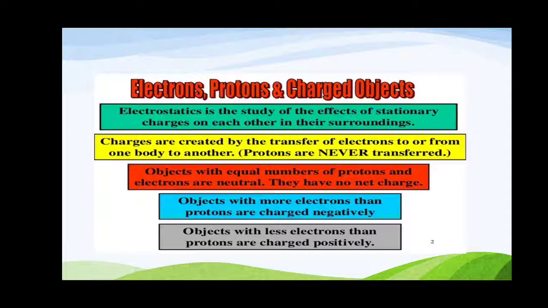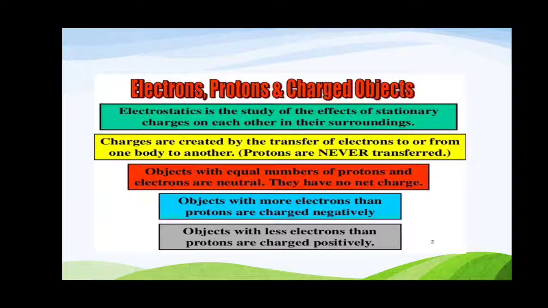These charged particles behave in a different manner. They start attracting each other. The branch of science that deals with static charges is called electrostatics. So electrostatics is the study of the effects of stationary charges on each other in their surroundings.